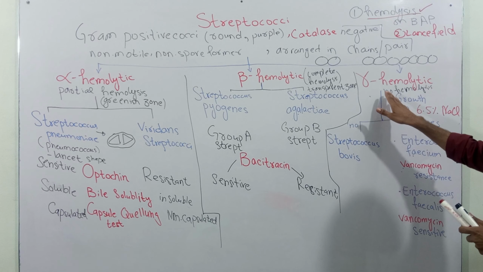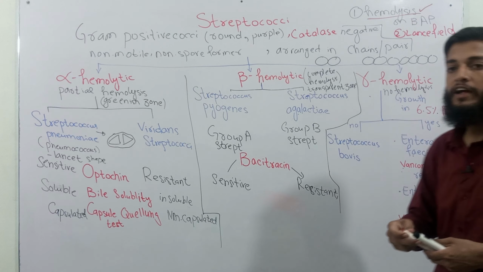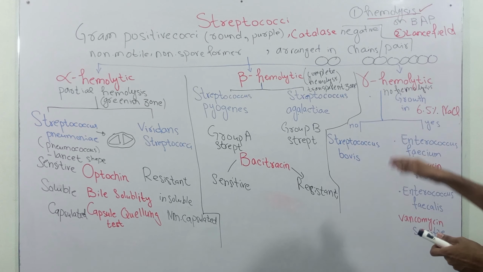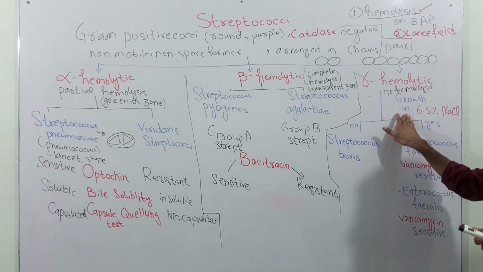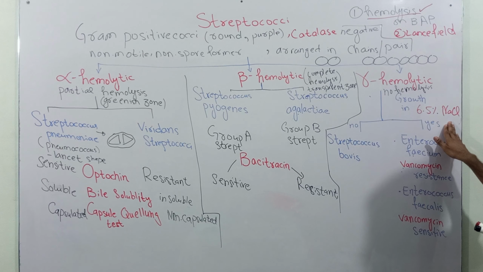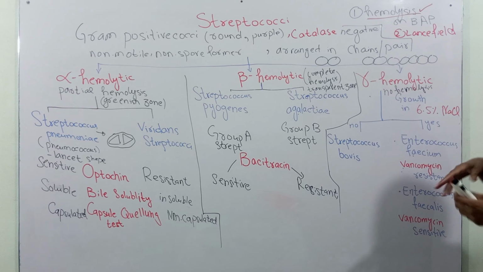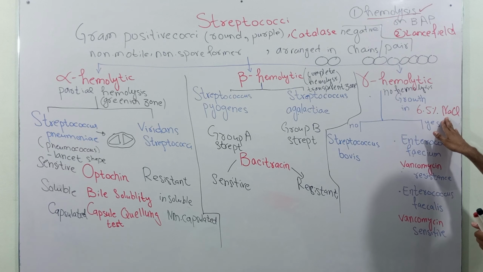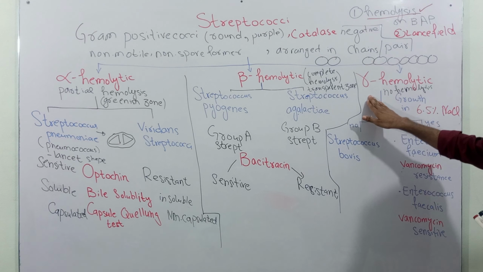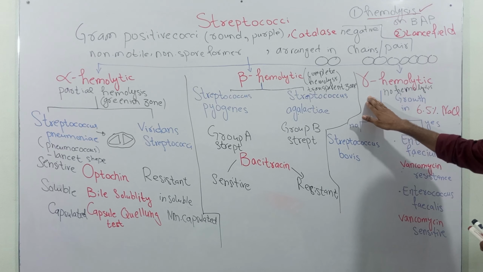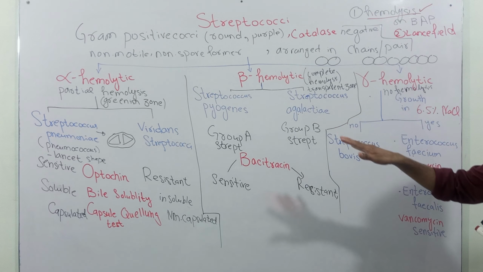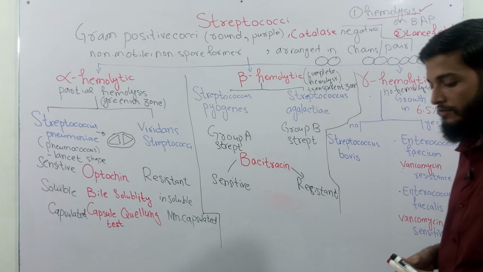And these gamma-hemolytic streptococci are further classified on the basis of whether they grow in the presence of 6.5% NaCl, in any agar or broth that contains 6.5% NaCl. They are further classified into two broad categories.